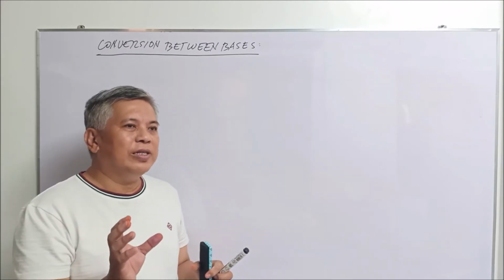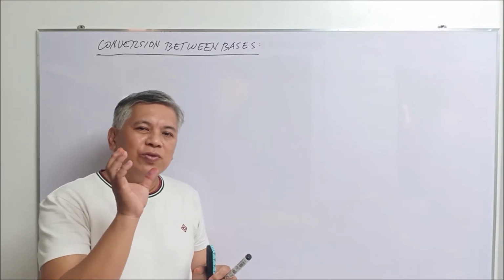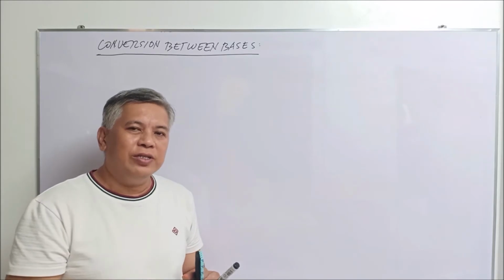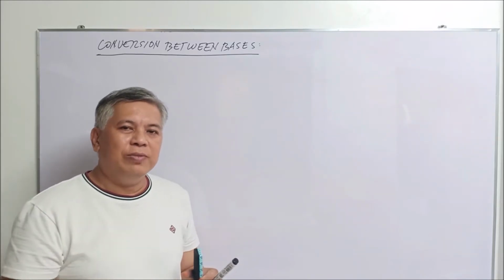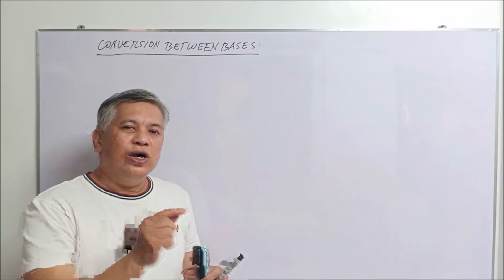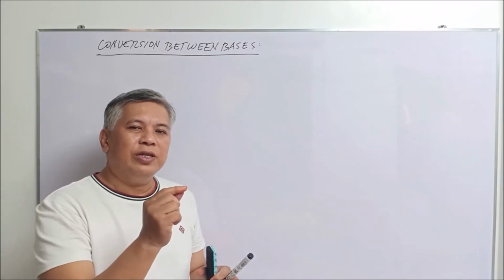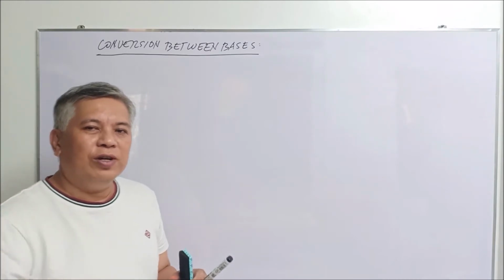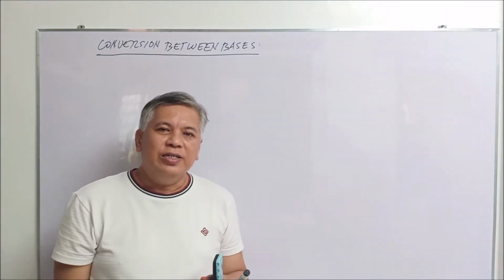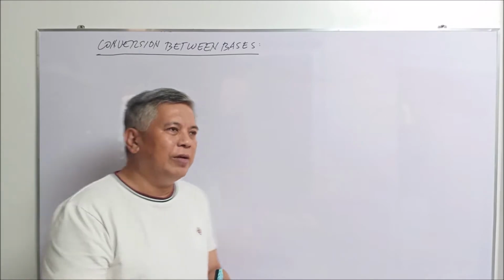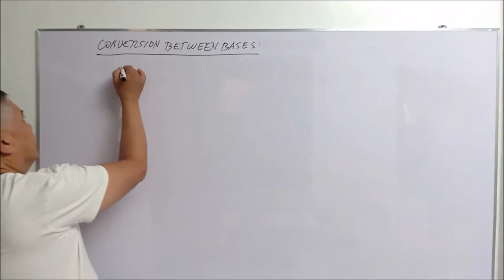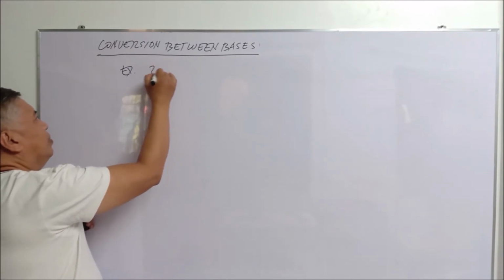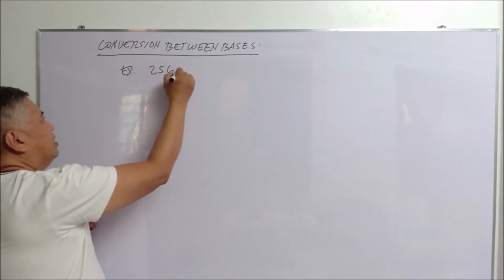So what I mean is that once you convert a particular number system, let's say an octal number system, into hexadecimal number system, then you have to first convert the given number system into its binary equivalent before converting that into another number system. Okay? So for example, you have 256 of base 10.